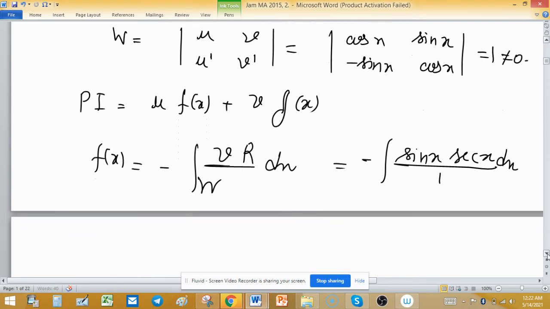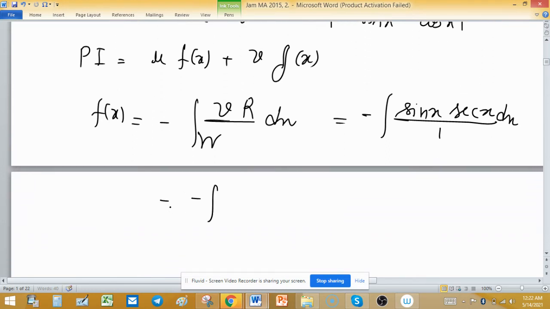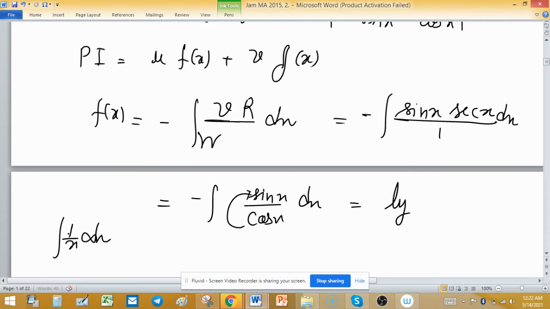This can be written as minus integration of sin x upon cos x dx, as the derivative of cos x is negative sin x. This is of the type 1 upon x dx, so the integral is log of mod cos x. So f(x) equals log of mod cos x.